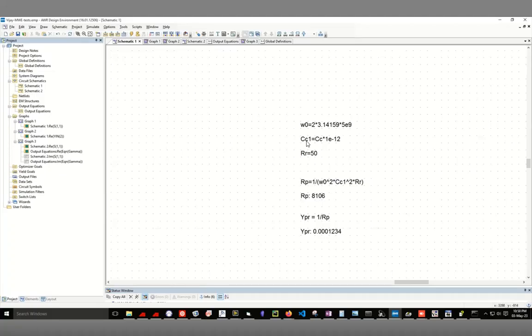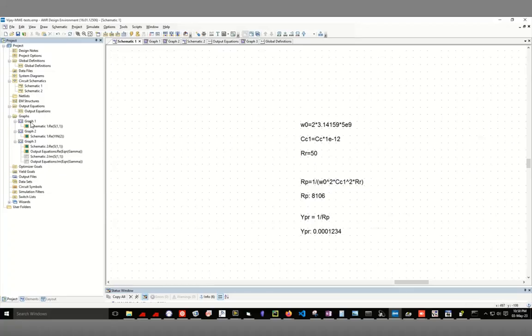Capacitance here, CC1, is this, just to turn it from picofarads into farads. R is 50, Rp, which is the R prime, is 1 over omega naught square CC1 square into R, and that gives you this value, 8106.